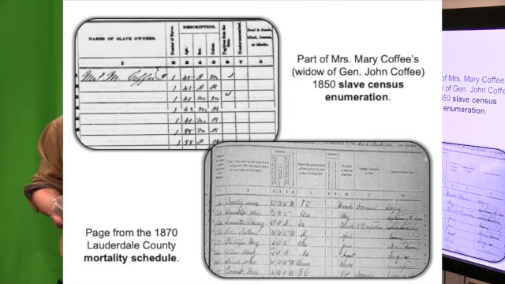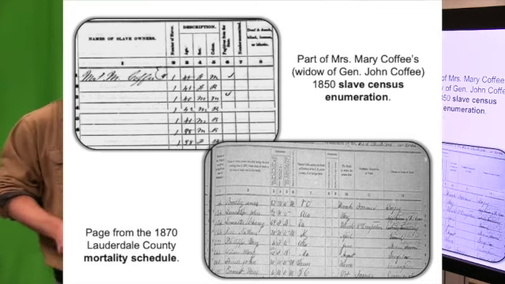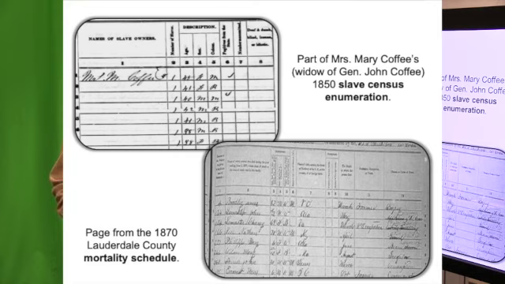So if you can't find a death record on an ancestor, and for those early years, this can help. But this is only for between 1850 and 1880. I think they took them for 1900, but the government chucked them out. So they're only available on Ancestry from 1850 to 1880, but they can be useful.